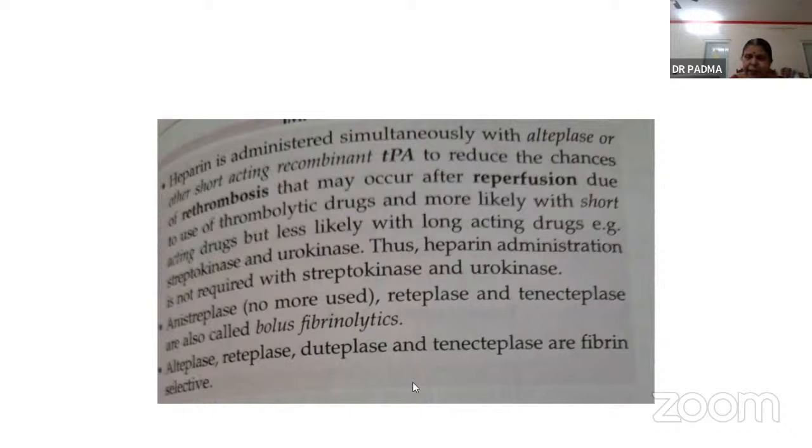We see that within a short period of 48 hours or within 6 months, and we have seen death also. So for that reason, to be careful, if alteplase or other recombinant TPA are not sufficient, then we introduce heparin in acute stages. Otherwise, most often fibrinolytics are more than sufficient.